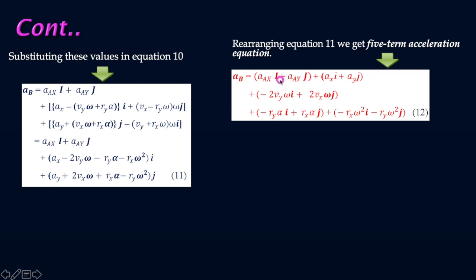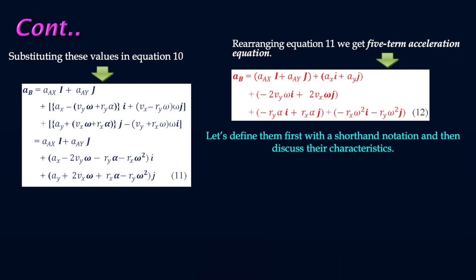Means we have again separated the i and j components of ax and ay, and the suffix small x and suffix small y components. This acceleration component is a function of omega, this is a function of alpha, and this is a function of omega square. So from this equation we have separated and rearranged like this.